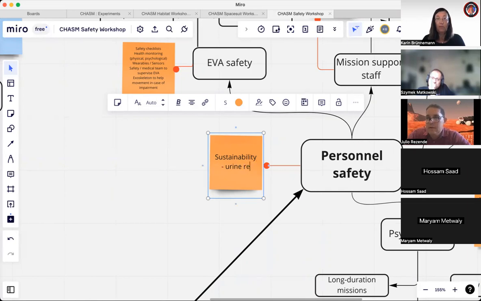And this would happen in analog missions, but also in future real space situations. And I believe these environmental life support systems, also related to water recycling, also the air, and also the energy, are very important for the operation of the analog missions.